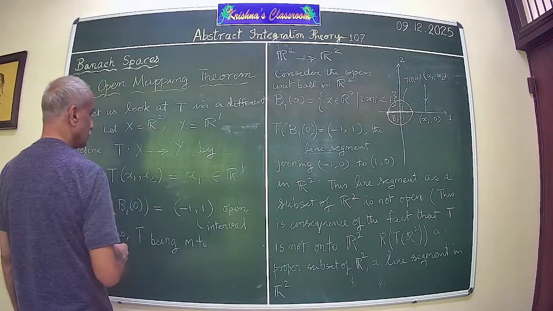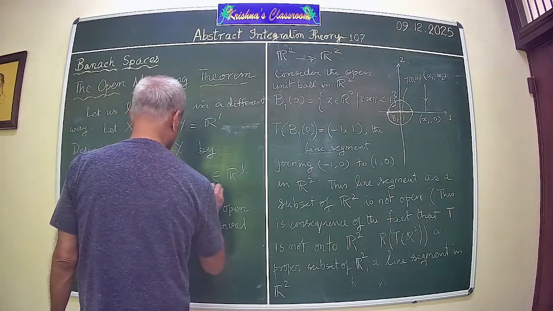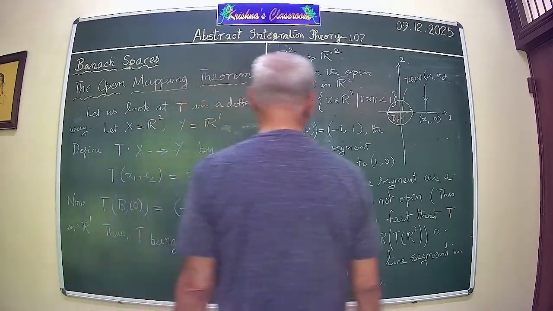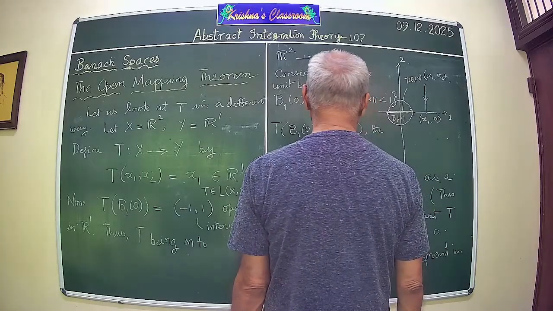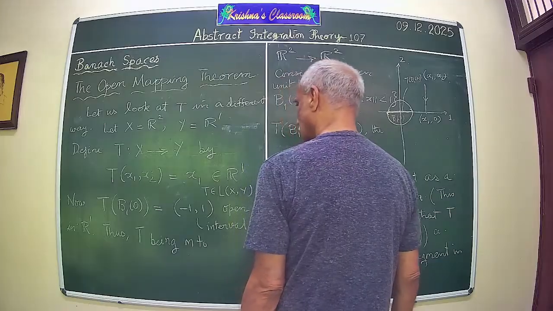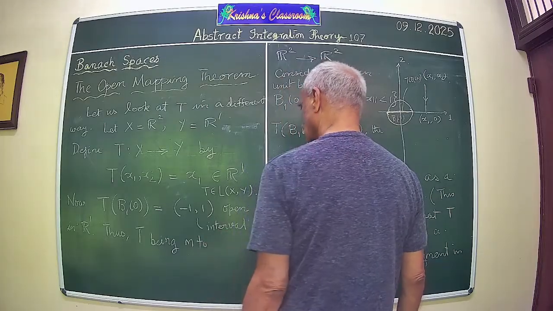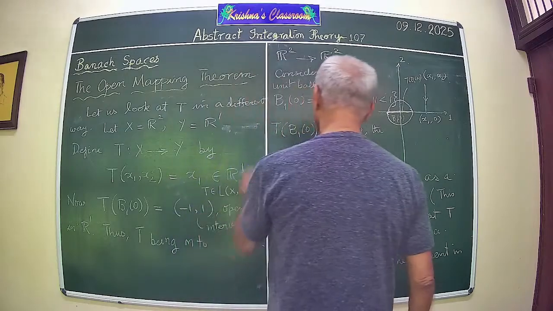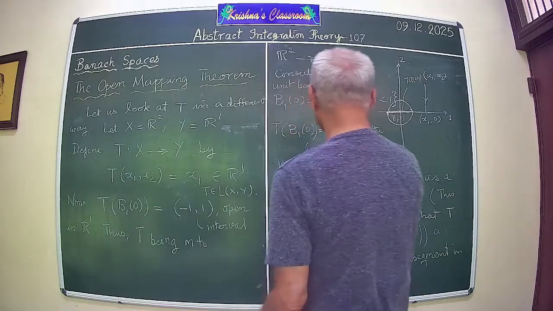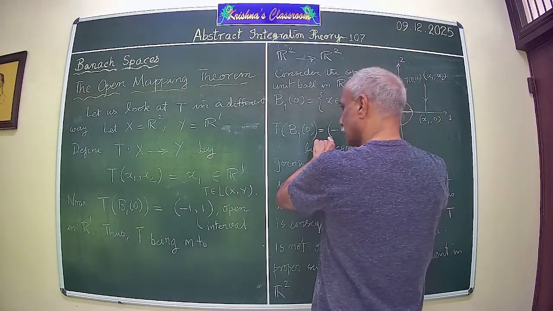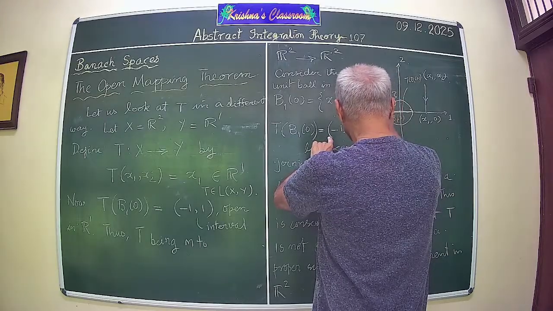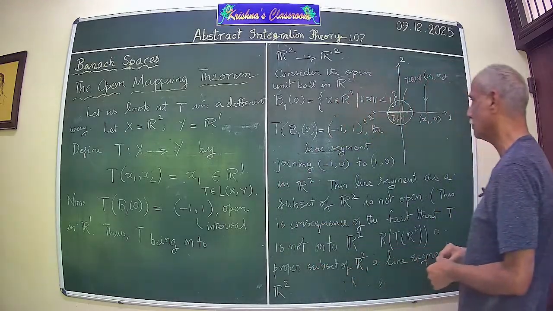There's a small confusion that you may encounter here, because here I have written a pair of points minus 1, 1. Sorry.